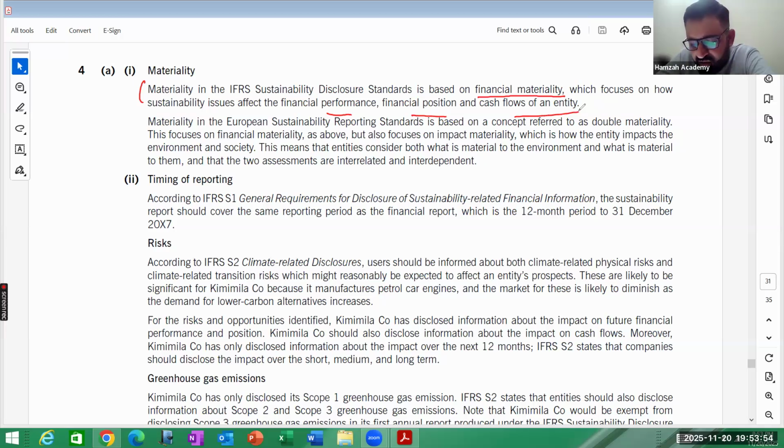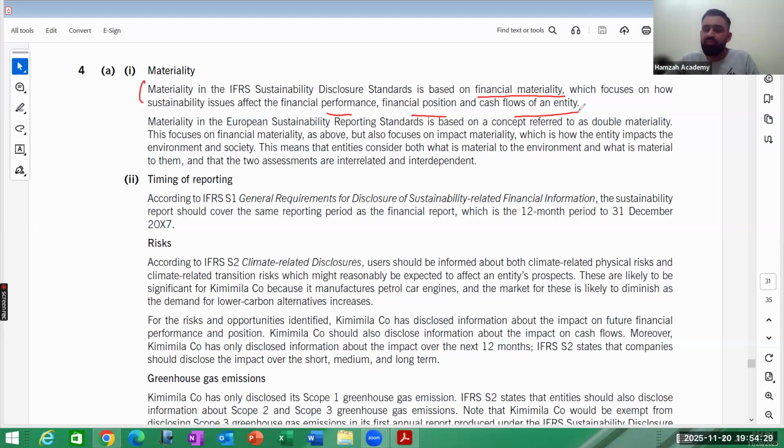But if we talk about the European Sustainability Reporting Standard, they refer to materiality as double materiality. They focus on financial materiality as above, like the effect on profit and loss, financial position, and cash flow. But they also focus on impact materiality, which is how the entity impacts the environment and society.